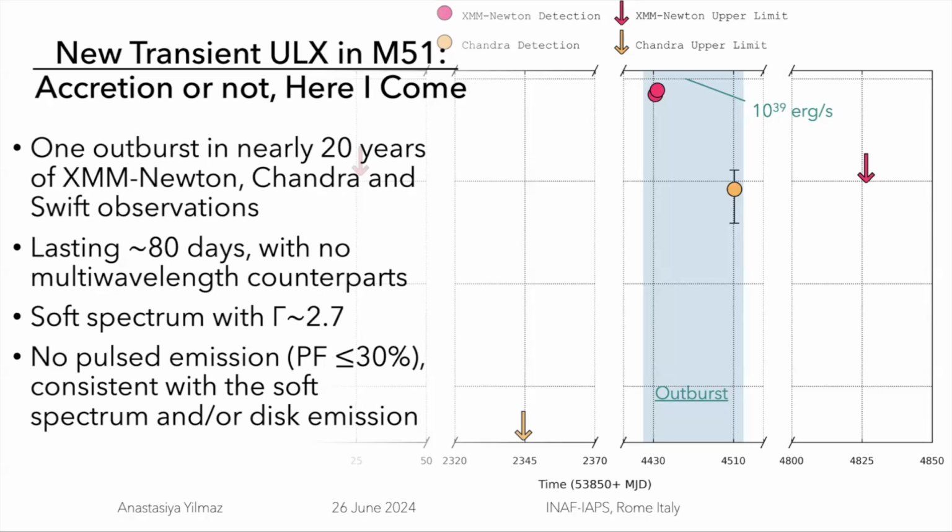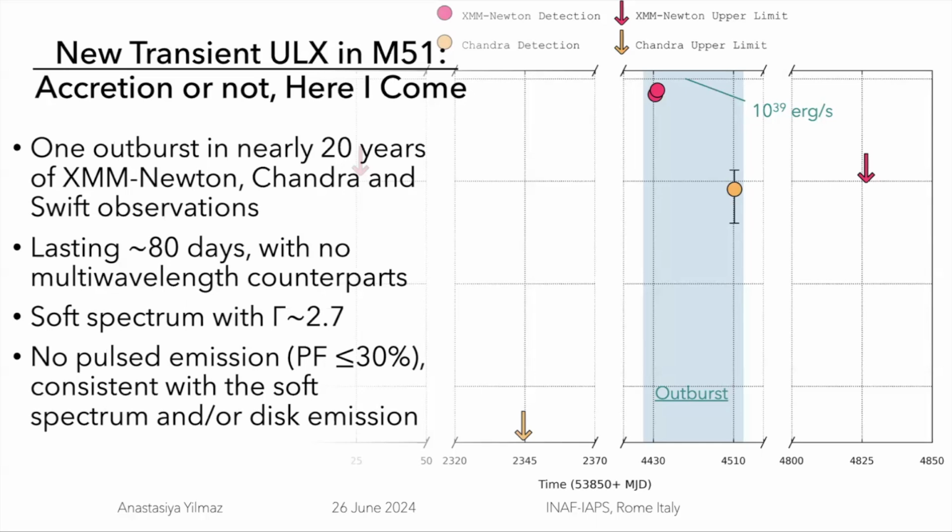So it might actually be continuing a little bit further, but more or less it's about 80 days. And we do not see any multi-wavelength counterparts, neither in simultaneous Swift UVOT and XMM-Newton OM observations. We were able to use some HST observations before and after the outburst, but we were not able to see significant changes that might point towards any signs of the outburst.